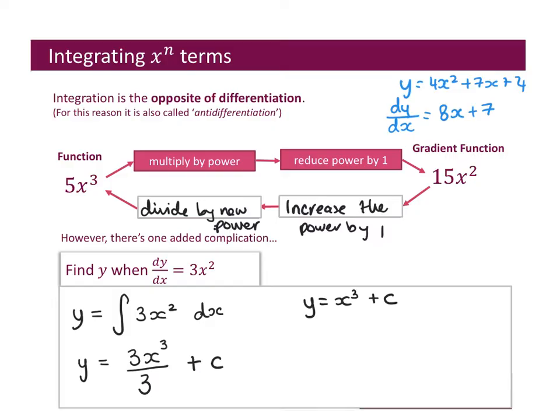And we know why the 4 disappears, because this is an x to the 0, which is 1, and we reduce the power by 1, here it goes. So we get 8x plus 7. So actually, what we're given is the gradient function. When we integrate this, we need to think, well, there could have been a constant. There might not have been, but there could have been. So it's really important when we integrate, we write plus c.